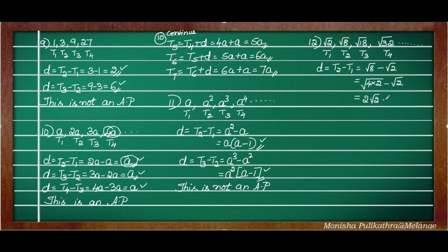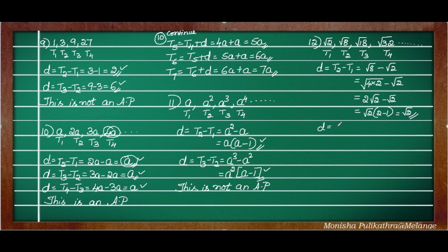It will become 2 root 2 minus root 2. Right? So when we take out this 4 outside, it will become 2 itself. Then this root 2 remains as it is. Right? Later you take root 2 as common. The remaining will be 2 minus 1. So what is 2 minus 1? 1. So 1 into root 2 is root 2. So the common difference is root 2 in the first case.